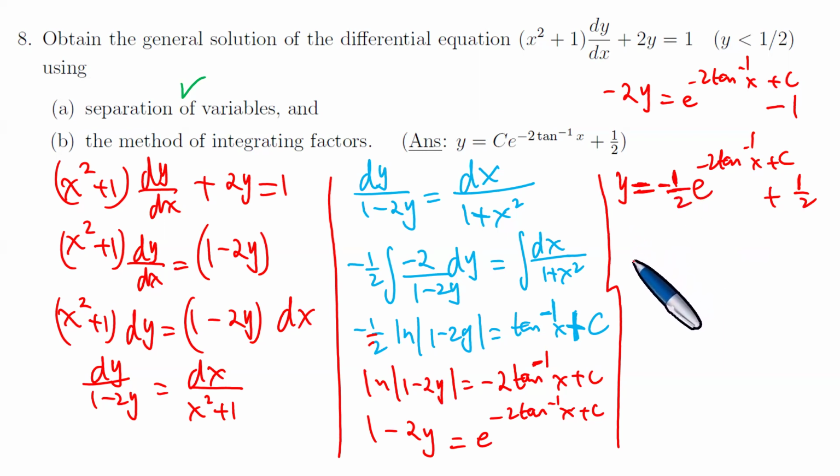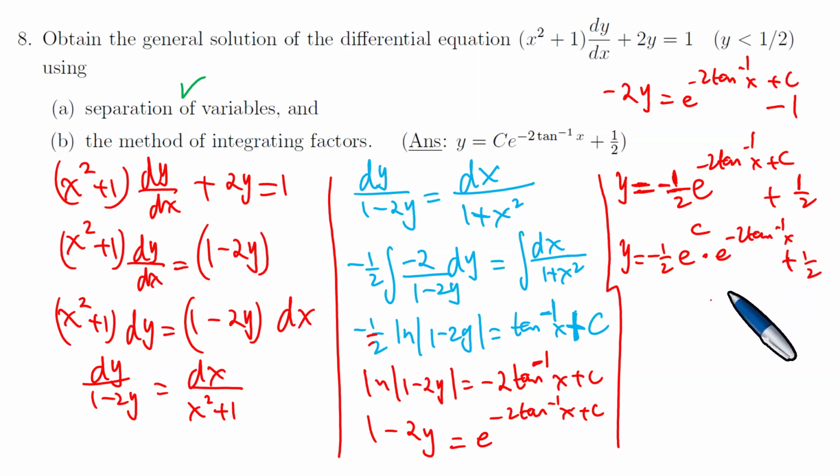When you get to this point, you have this one, plus 1/2. Okay, so let's call this one C1.